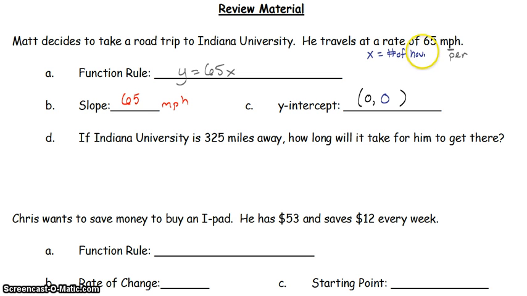Because x, or your independent variable, is always going to be time. Or I should say, time is always an independent variable. Miles is one variable here, hours is the other. So that means that y is the number of miles.